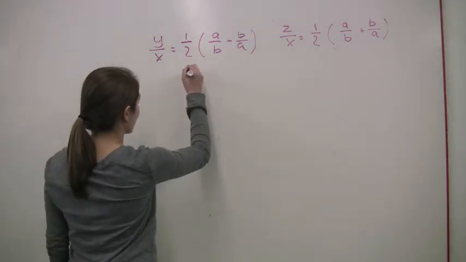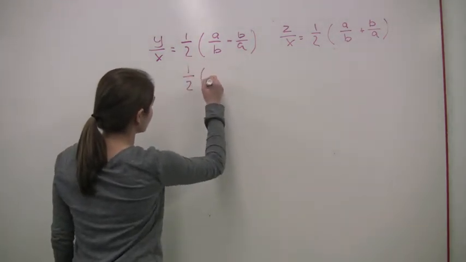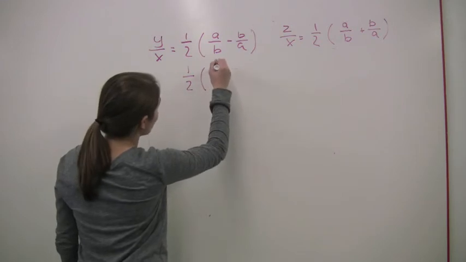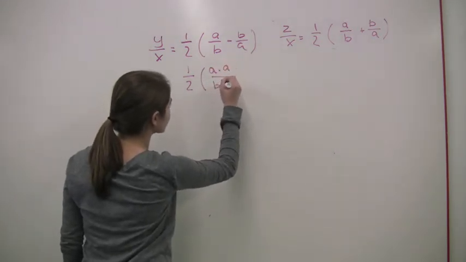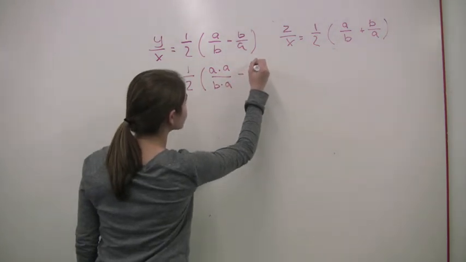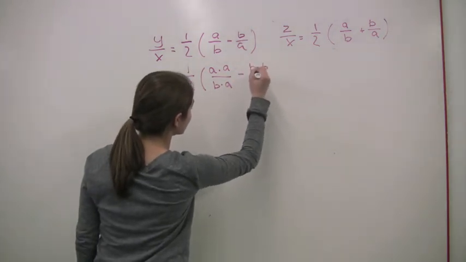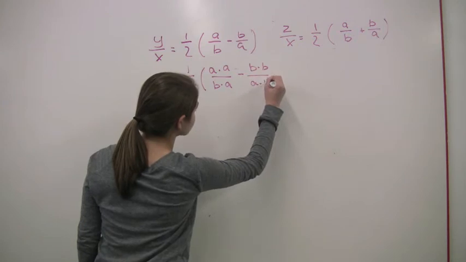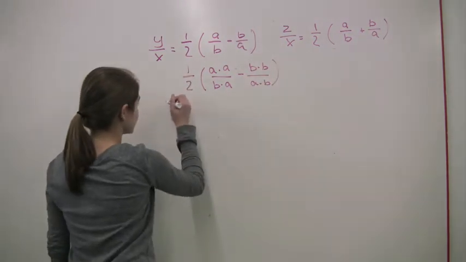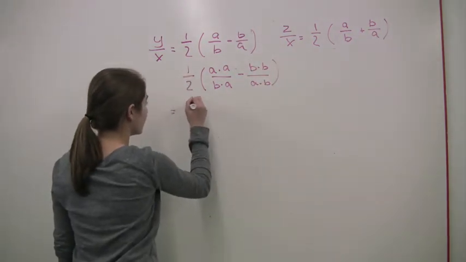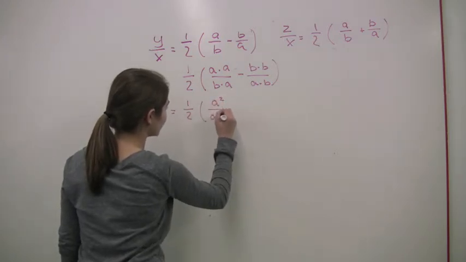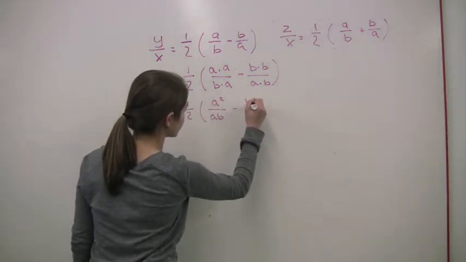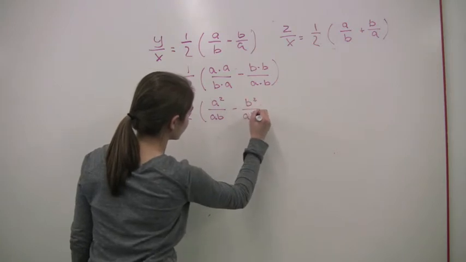We thus simplify it to 1/2 times a over b times a minus b times b over a times b. This would then reduce to 1/2 times a squared over ab minus b squared over ab.